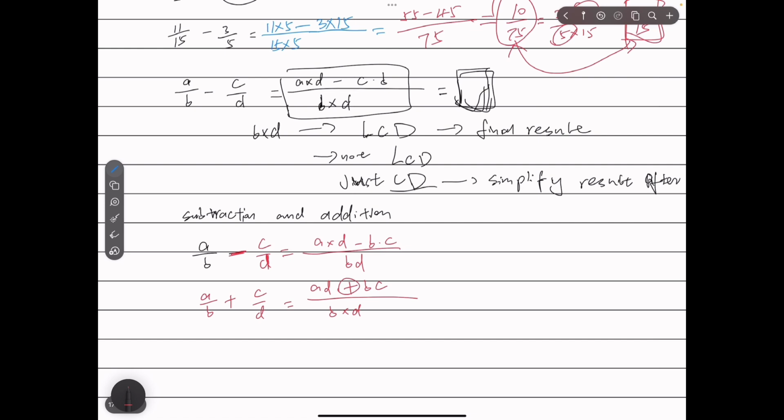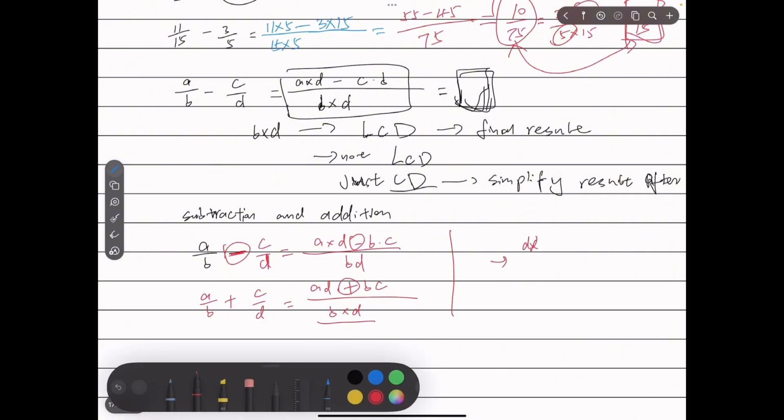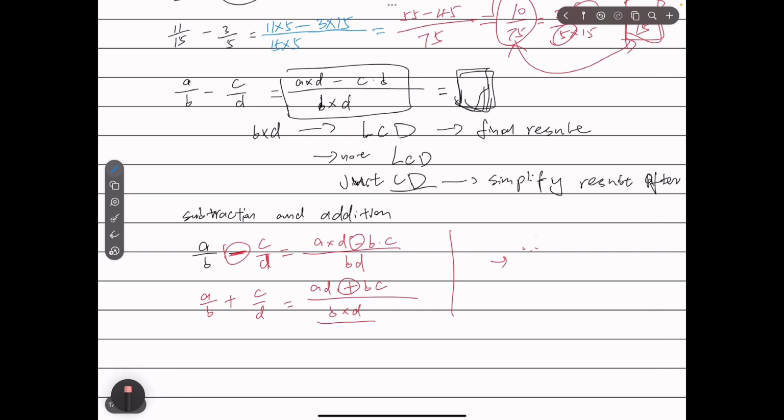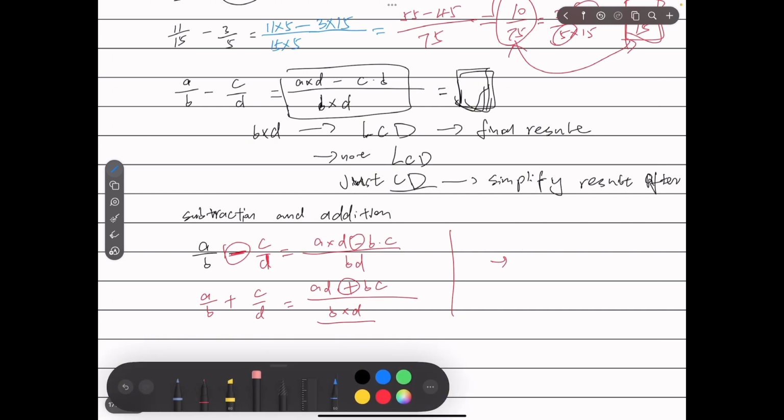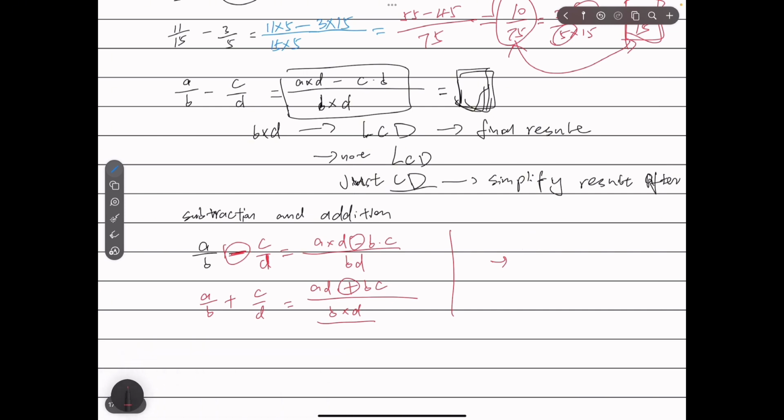So the only difference is the sign in the numerator. And depends, if b times d is the LCD, we don't have to do anything for the result.